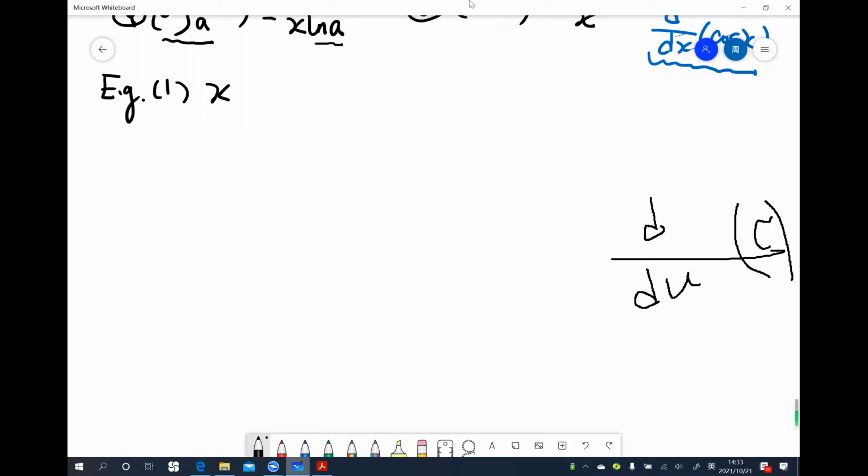The first one is x power 20. The second one, 1 by x. The third one, 1 by x power 4. And number 4, that is 5 power x. So please calculate these 4 derivatives.